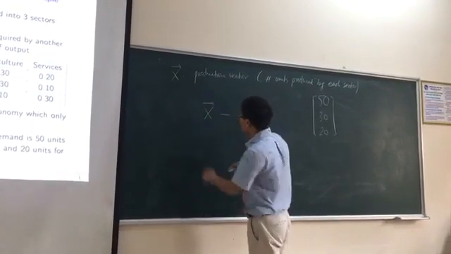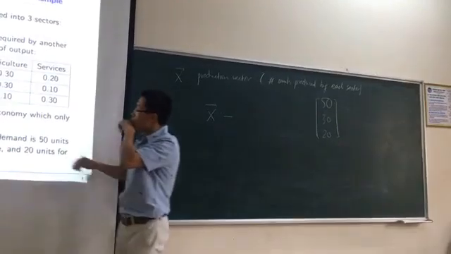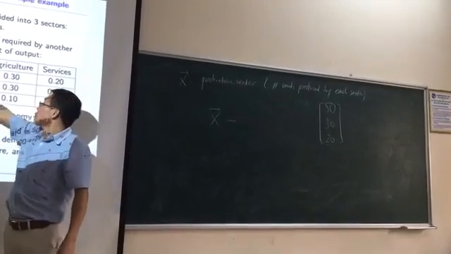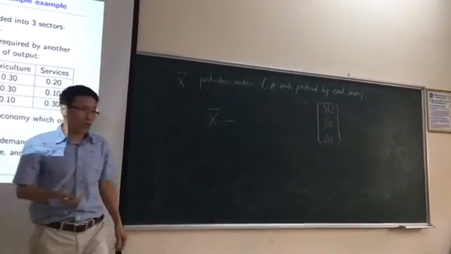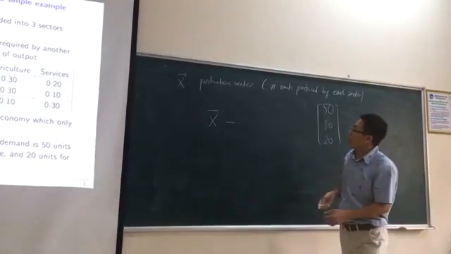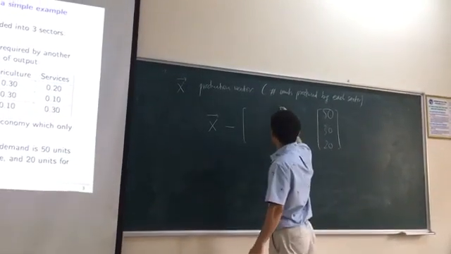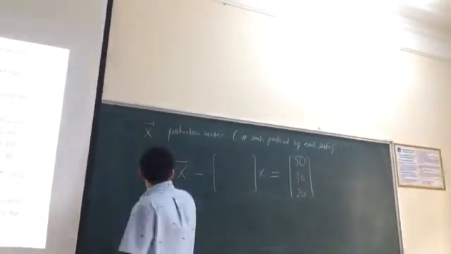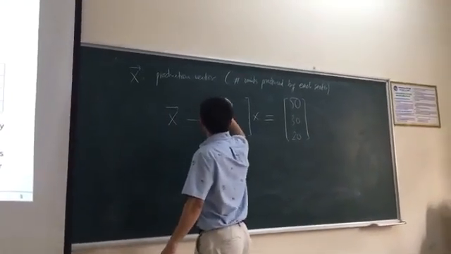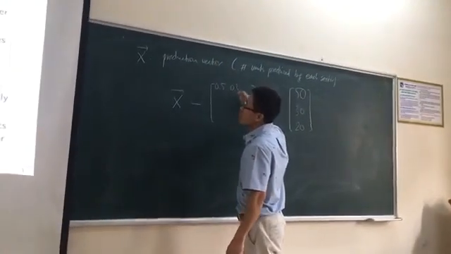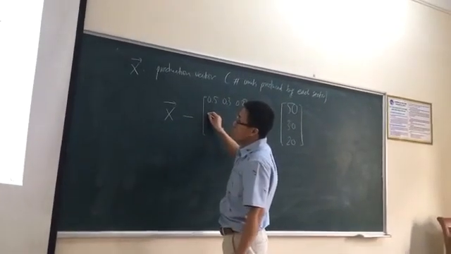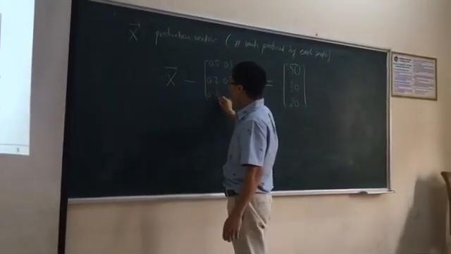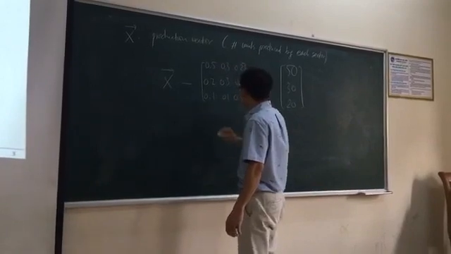But among this number of units, some of them are consumed by other sectors, or even by the same sector itself. Here are the numbers: 0.5, 0.3, 0.2, 0.2, 0.3, 0.1, and 0.1, 0.1, and 0.3.